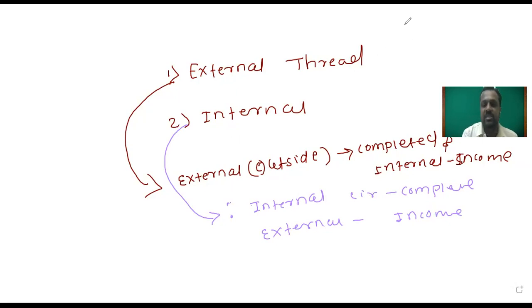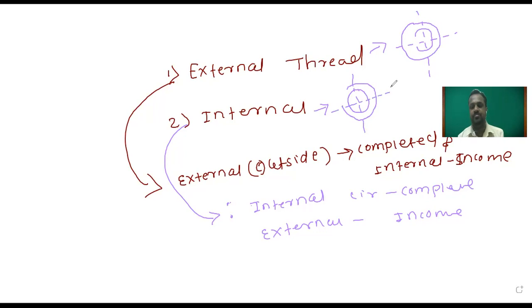So tell me, how will the conventional representation be for this thread, the external thread? The external circle will be complete, like this, and the internal circle will be incomplete. Okay, and for the internal thread, the internal circle will be complete, and the external circle will be incomplete. Is it correct?